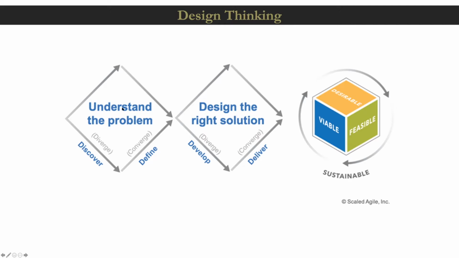So the double diamond approach creates products that are desirable, viable, and feasible. Because we all know turning back the development process incurs a lot of rework. It's costly, it's time consuming, nobody likes it. And your customer is obviously not going to be happy about that. So the double diamond approach helps you discover all various facets of the customer problem and then converge and come up with a holistic definition of the customer problem.